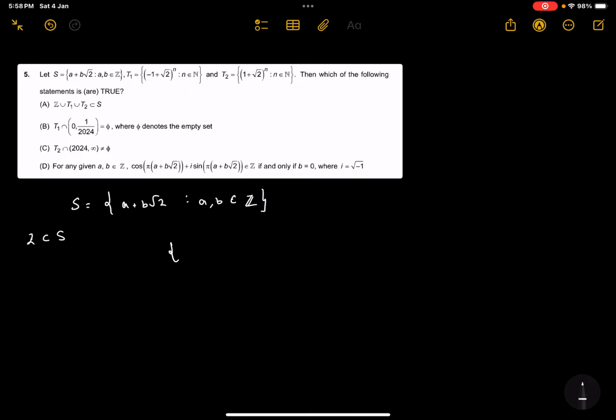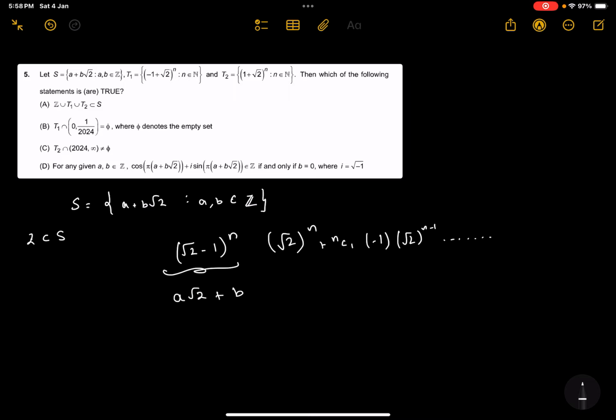Then T1, it's the set of all the positive powers of root 2 minus 1. So obviously in its expansion we will have terms of the form a root 2 and a root 2 plus b only, because its expansion would be root 2 to the power of n minus nC1 and so on up to minus 1 to the power of n.